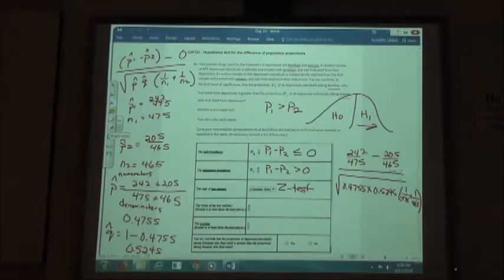Highlight that whole thing, divided by square root, and then our two numbers, 0.4755 times 0.5245. And then in parentheses right behind that, we're going to have our 1 over 475 plus our 1 over 465.